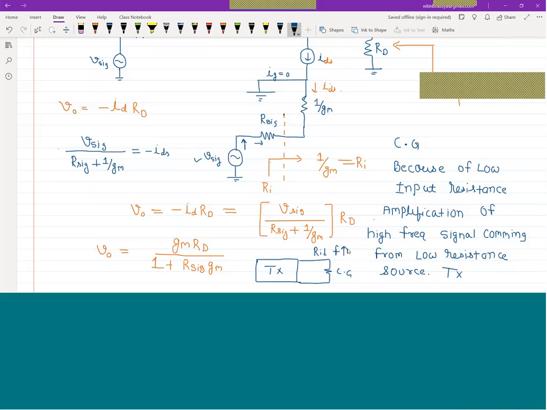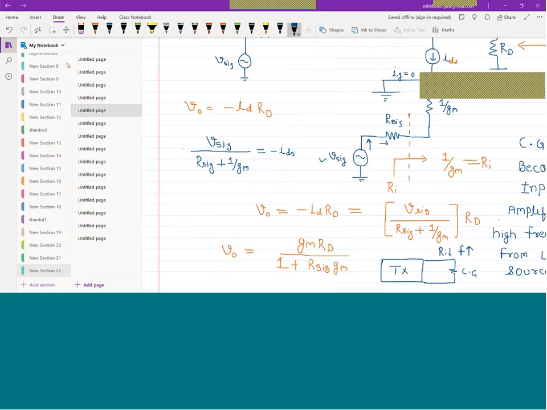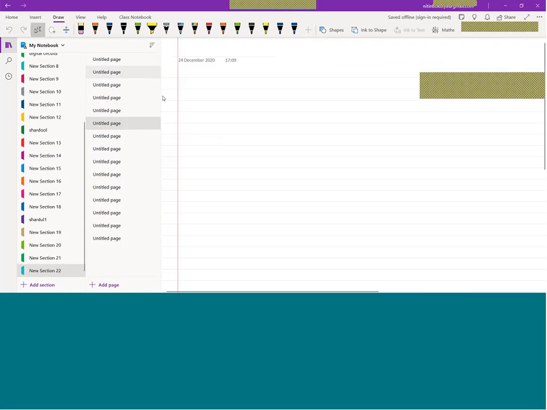Now the next circuit we want to analyze is the common drain circuit. So let's start with the source follower or common drain circuit.